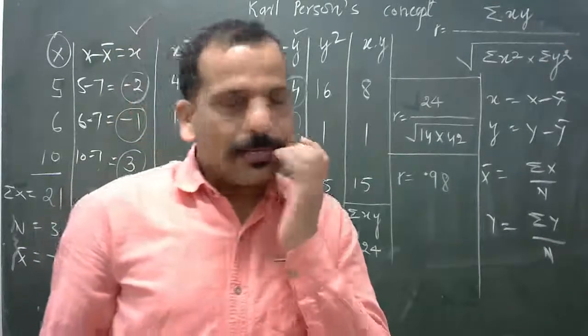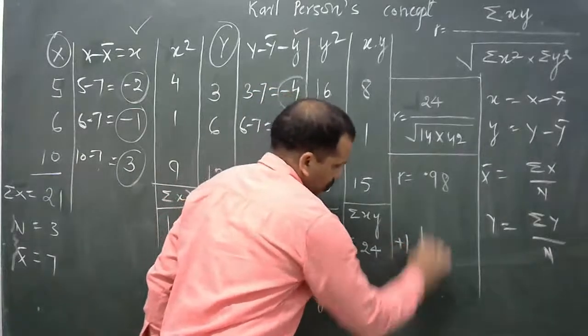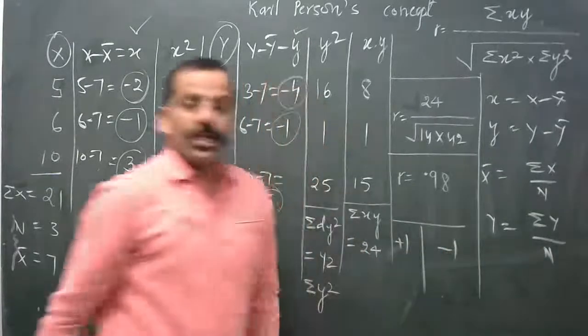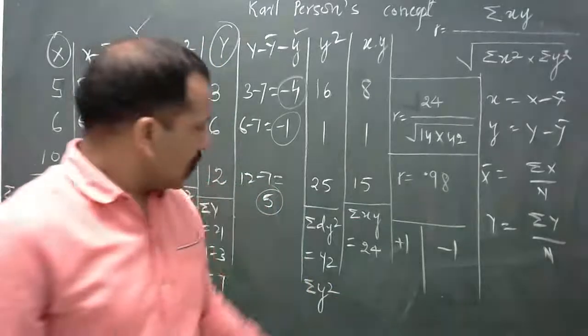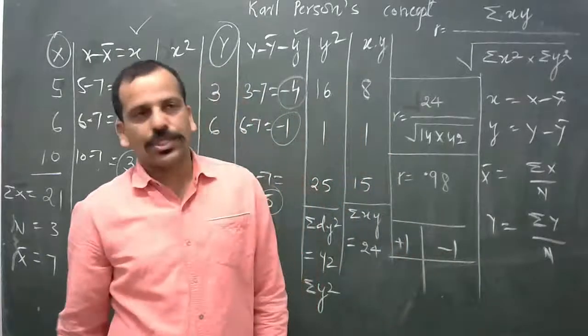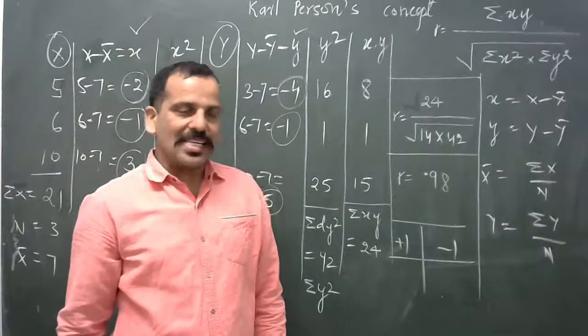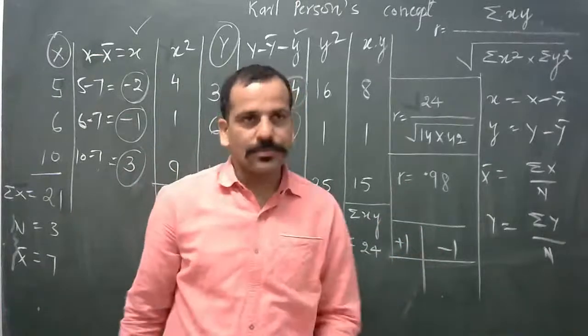If it is coming 1 or minus 1, it means perfect positive correlation, perfect negative correlation. Your answer is 0.98.